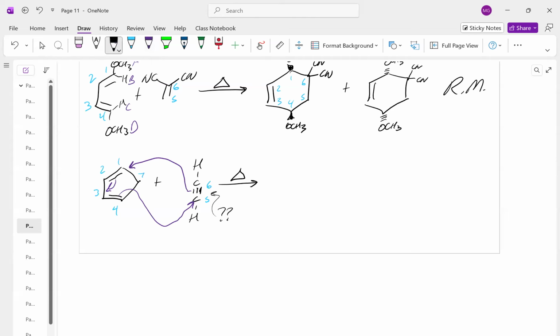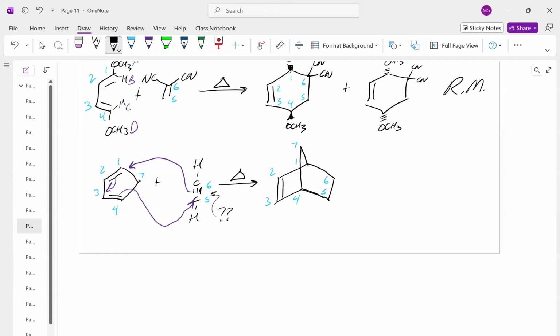Now, since the diene is in a ring, I'm going to use this weird looking cyclohexene template. And again, here's 1, 2, 3, and 4. And there's 5 and 6. And I'm going to put number 7 as a 1 carbon bridge right there.